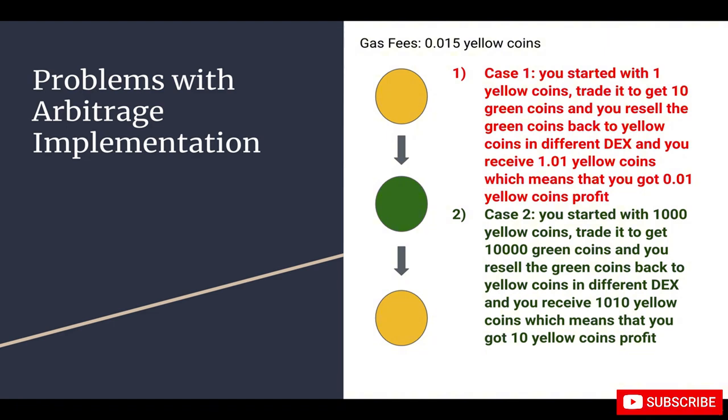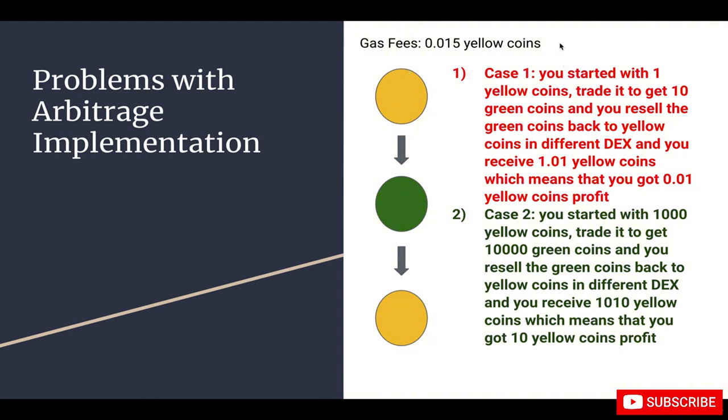As usual, I provide you examples to learn. I provide you with two cases here to understand what's actually the problem with arbitrage implementations. Let's talk about yellow coins and green coins here.